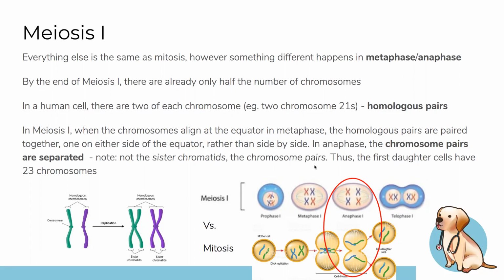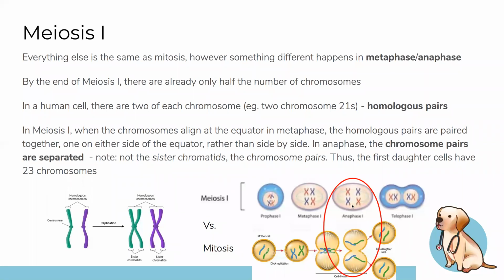So the main thing is, in anaphase of mitosis, these will all line up in one line, vertically like that, and then the sister chromatids are pulled apart. Whereas in meiosis, the homologous chromosomes line up opposite each other, like this, instead of all next to each other, and then the homologous chromosomes are pulled apart.